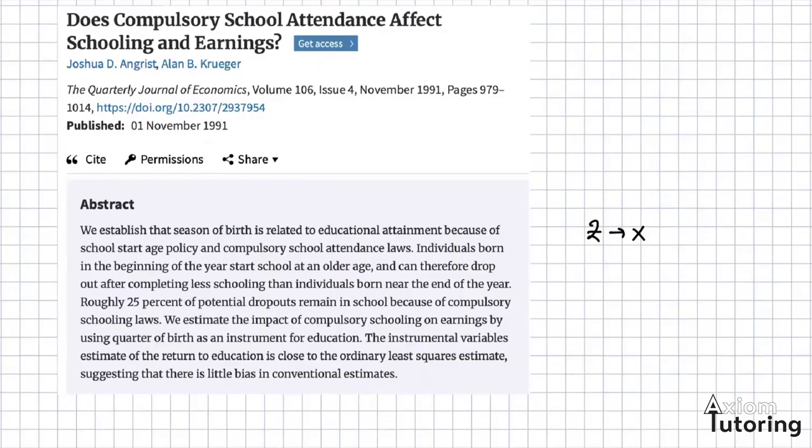And notice very quickly also the results that they found. This is actually a very important finding because we are seeing that the IV estimate and the OLS estimates are very similar, which suggests that OLS wasn't badly biased in this particular case. Education may not be as endogenous as they had feared.